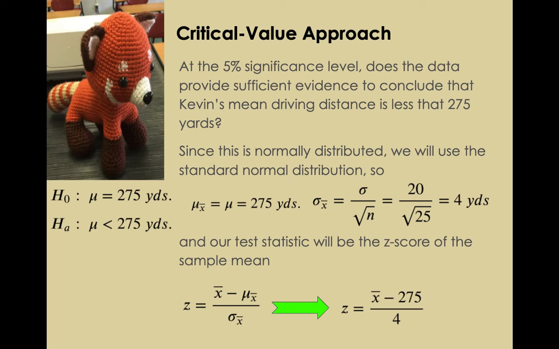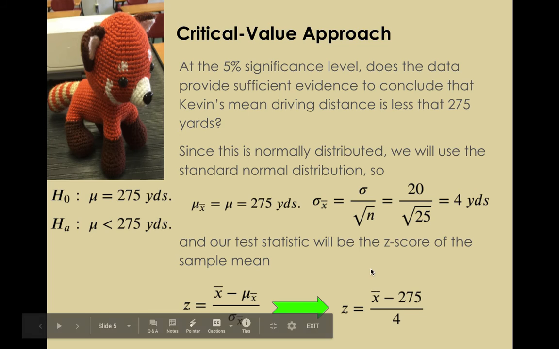For a test statistic, we are going to use the z-score, since it's normally distributed and we'll go to the standard normal distribution. So we do x bar minus mu sub x bar over sigma sub x bar, or z equals x bar minus 275 over 4.